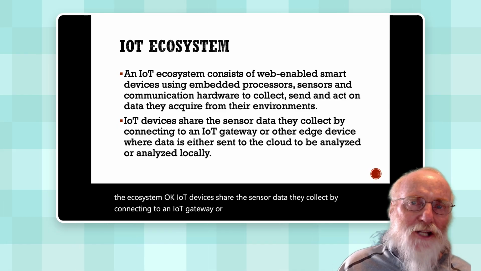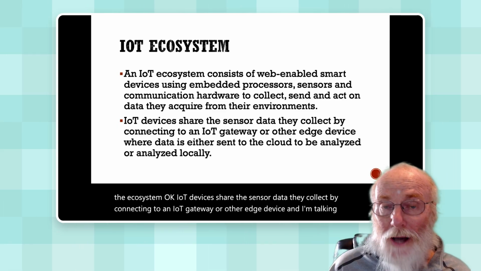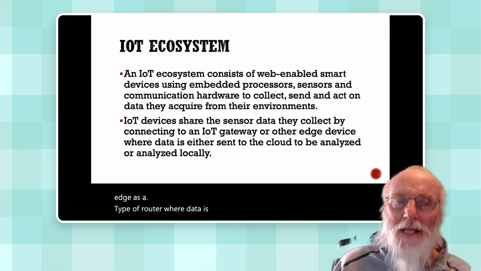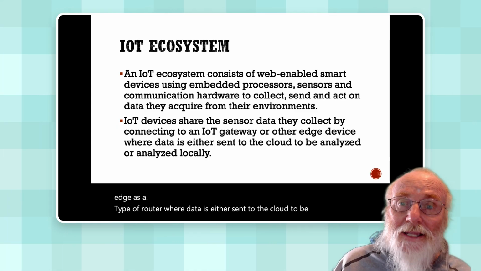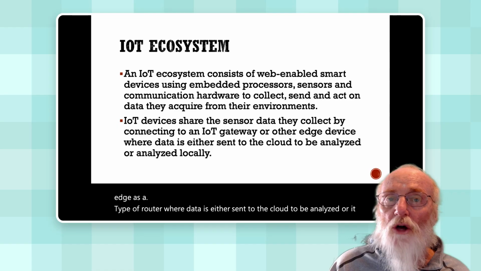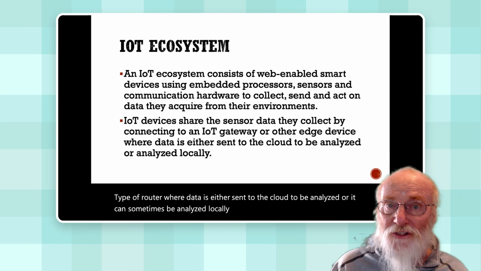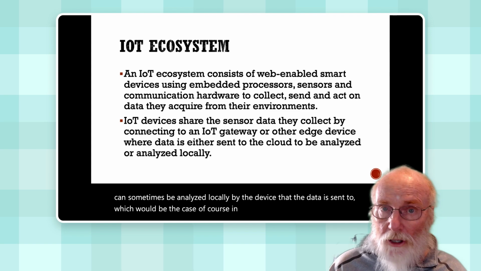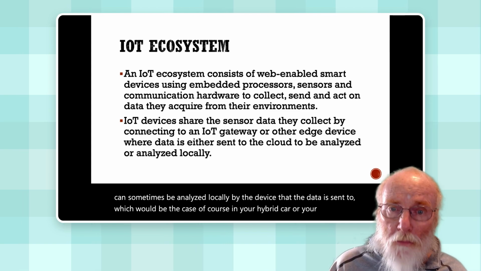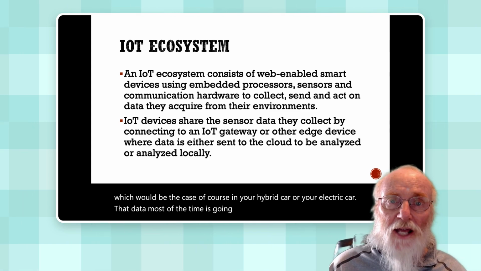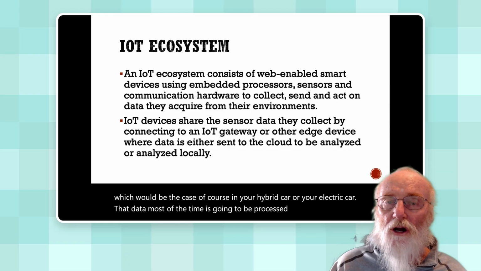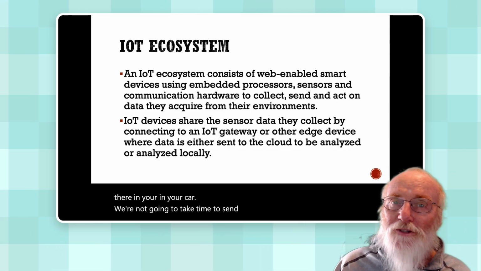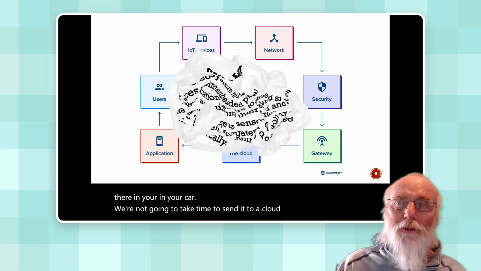And I talked about edge as a fancy type of router, where data is either sent to the cloud to be analyzed, or it can sometimes be analyzed locally by the device that the data is sent to, which would be the case, of course, in your hybrid car or your electric car. That data most of the time is going to be processed and analyzed right there in your car. We're not going to take time to send it to a cloud someplace, you see. It might be too dangerous.